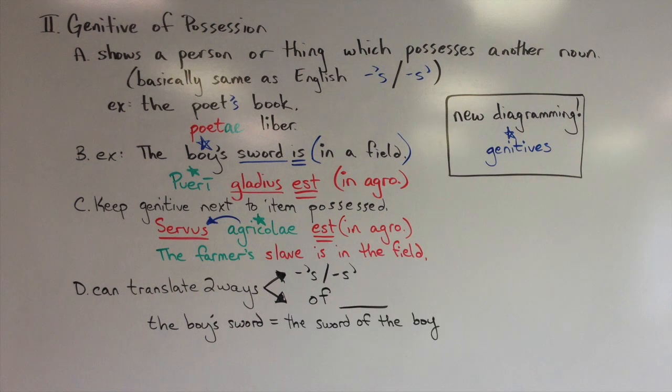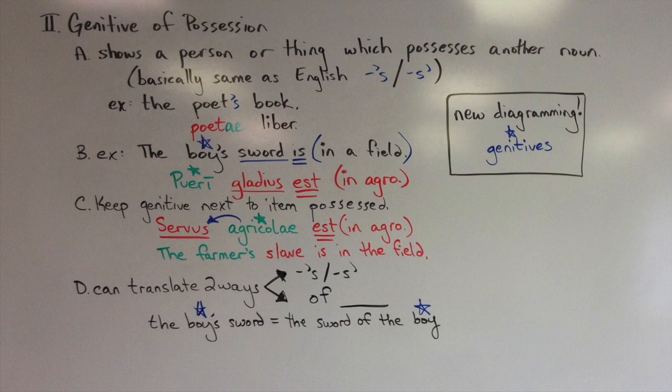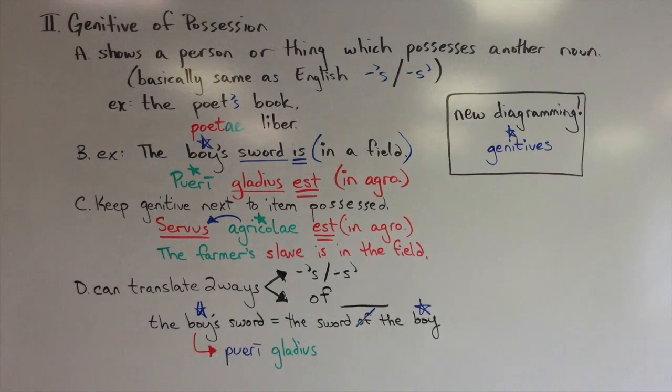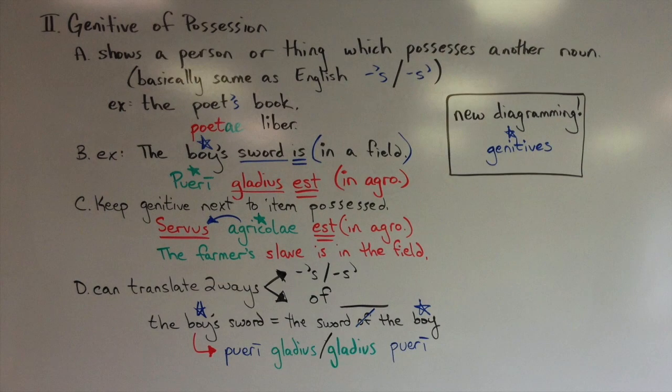Both of these phrases indicate that the boy possesses a sword, and both would be translated into Latin the same way. It just means that when we have the of the boy phrase, we'll have to also ignore the of when we translate it. So each of these would still translate to Latin as pueri gladius or gladius pueri. We could put it in either order since Latin word order is flexible.